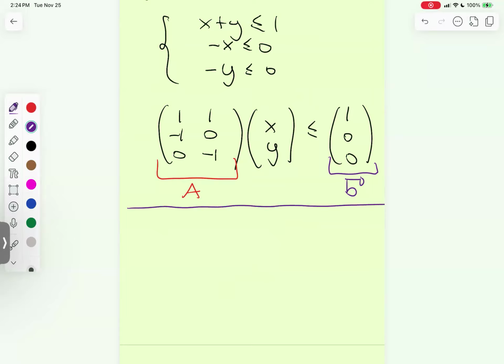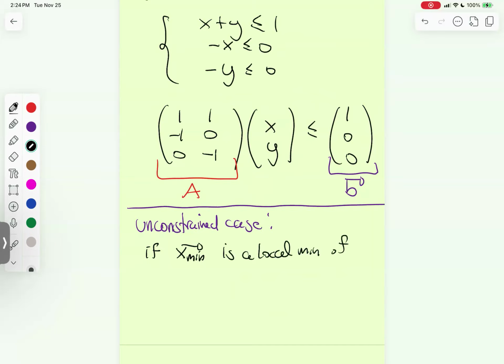Okay, so first let's just talk about what a local minimum is in the unconstrained case, where there are no restrictions on x. If x is a local minimum for the function, then we know that you have to be a critical point, right?